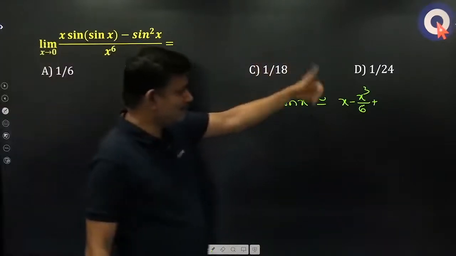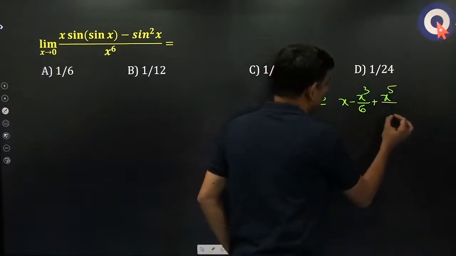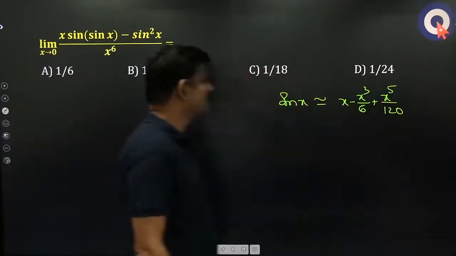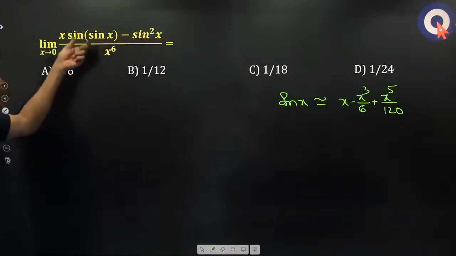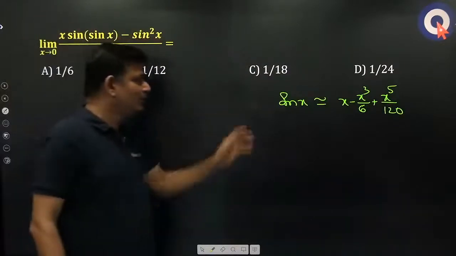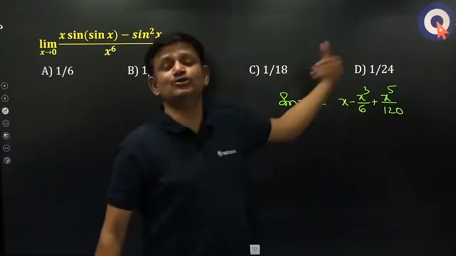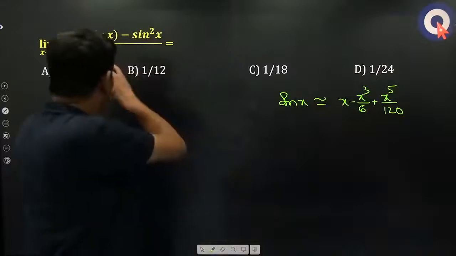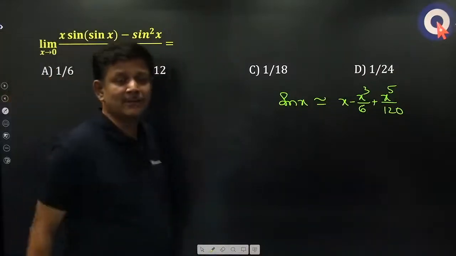So at least my focus should be on the next term as well, x power 5 by 120. This is what I can replace sin x with. Here it is simple, but here it is sin of sin x. So inside sin, I have to replace again and use the expansion one more time. So this will be a lot of simplification. Not that easy. Yes, you can do it, but not that easy.